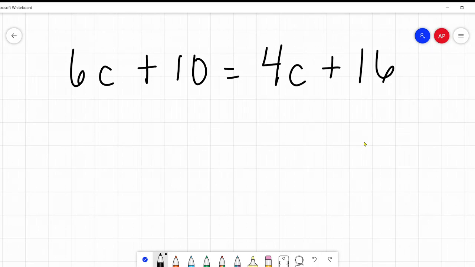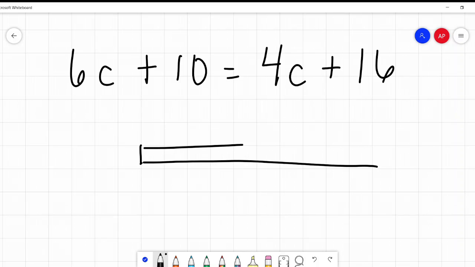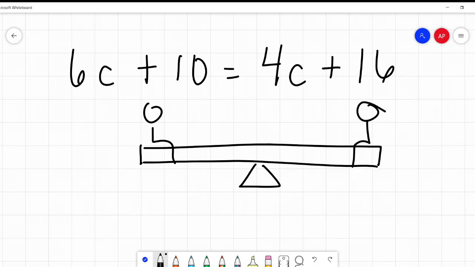Because the process that we would use to solve these equations is incredibly similar to the process we would use to solve inequalities. There is one little nitpicky but crucial difference that we'll get to later. But first, let's remind ourselves how we solve an equation with the variables on both sides. Anytime we have an equation in algebra, everything is like a seesaw or a teeter-totter. If I have two people sitting on the seesaw and they weigh the exact same amount, it's going to be perfectly balanced.